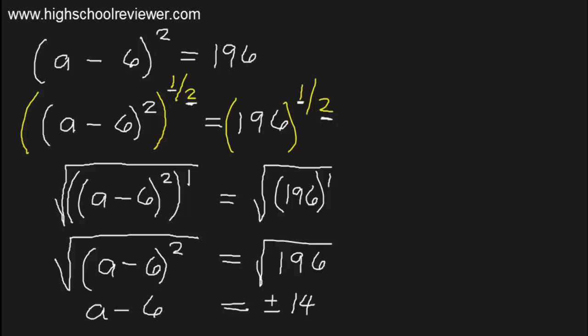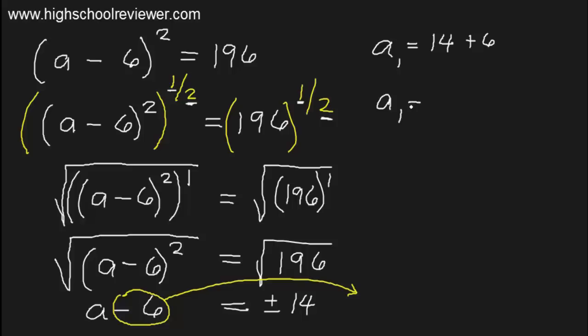So if we are going to get the value of a, we need to transpose negative 6 to the other side. So we will have here two values for a. Our first value for a will be the positive 14. So we are going to use first positive 14. And if we transpose negative 6, this will be positive 6. So this will be our a sub 1.